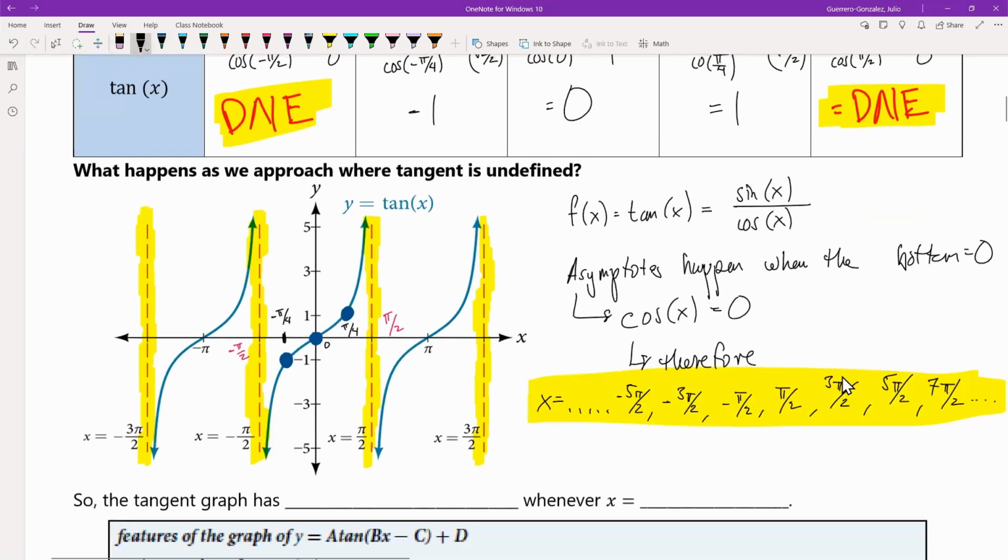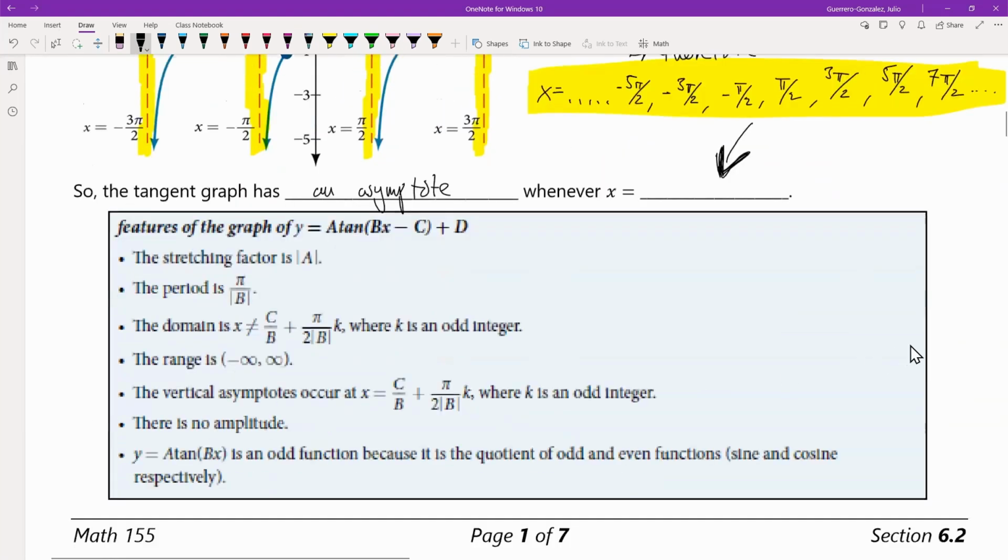The graph of tangent of x has an asymptote whenever x is equal to any one of these values. I'm just not going to even write it anymore. Sound good? Okay. Awesome.